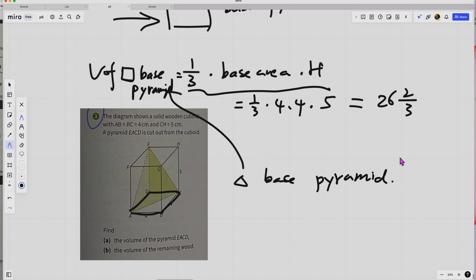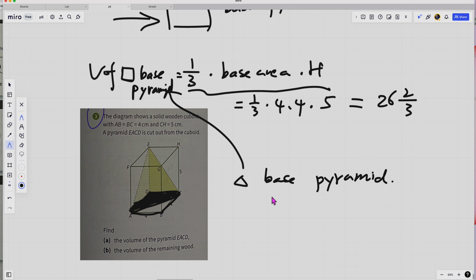Now, if it's a triangle base pyramid in this case, you basically just cut half out of it, right? Can you see?